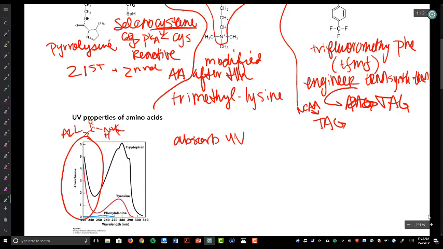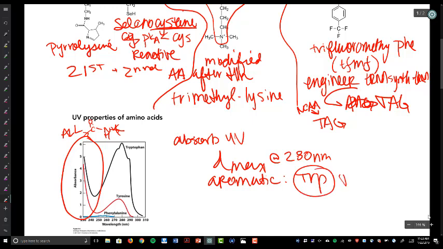However, there are only 3 amino acids that have a lambda max at 280 nanometers. These are the aromatic amino acids, specifically tryptophan, but to a lesser degree tyrosine, and to an even lesser degree phenylalanine.